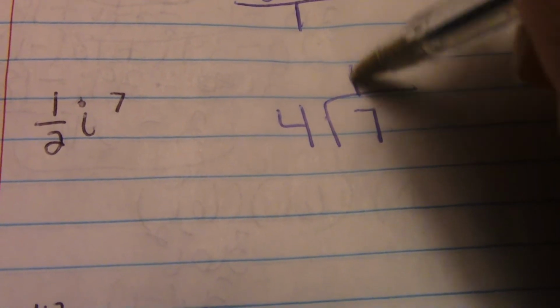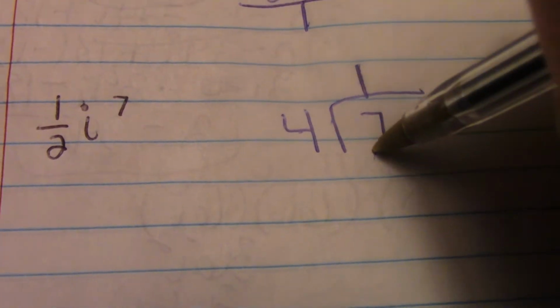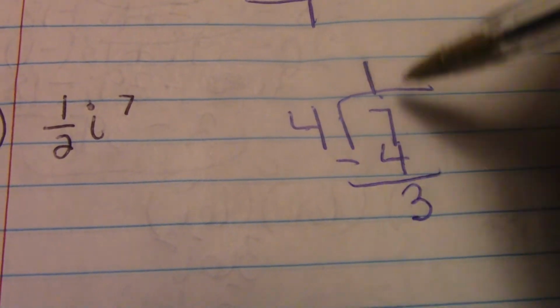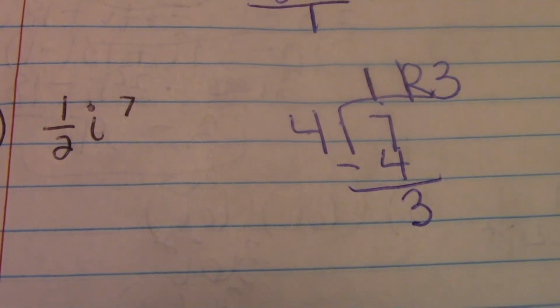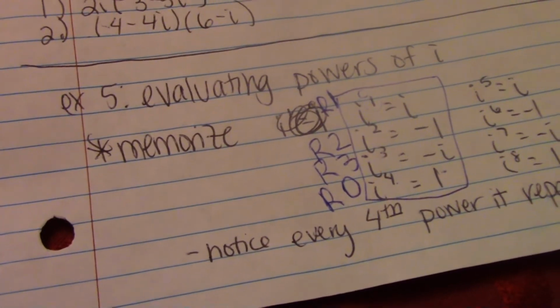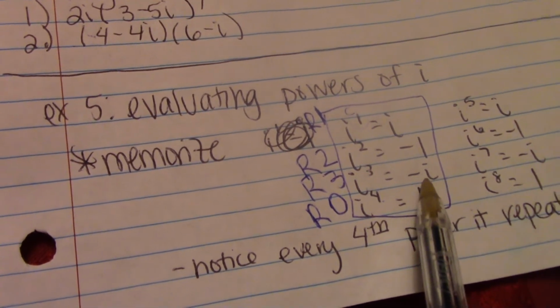C. i to the 7th power. So I'm going to take my power, divide it by 4. 4 goes into 7 one time. 1 times 4 is 4. 7 minus 4 makes 3, so my remainder is 3. So I'm looking at my remainder of 3. I'm coming back over here. That is -1.